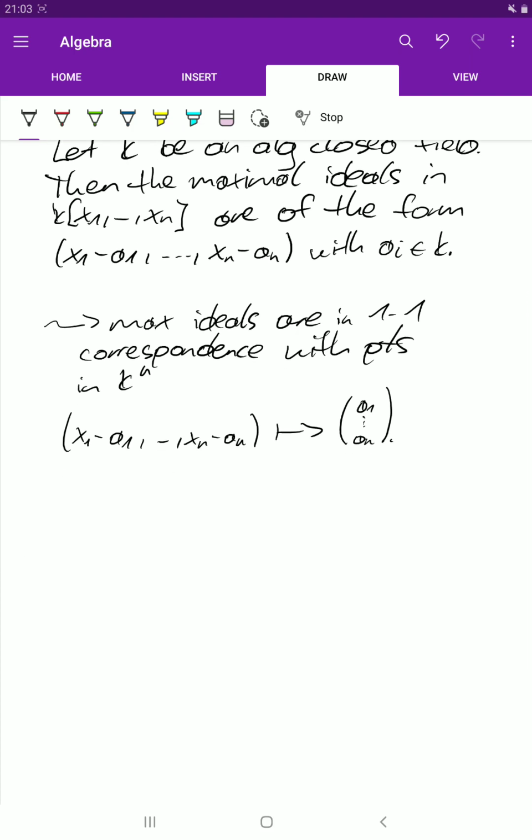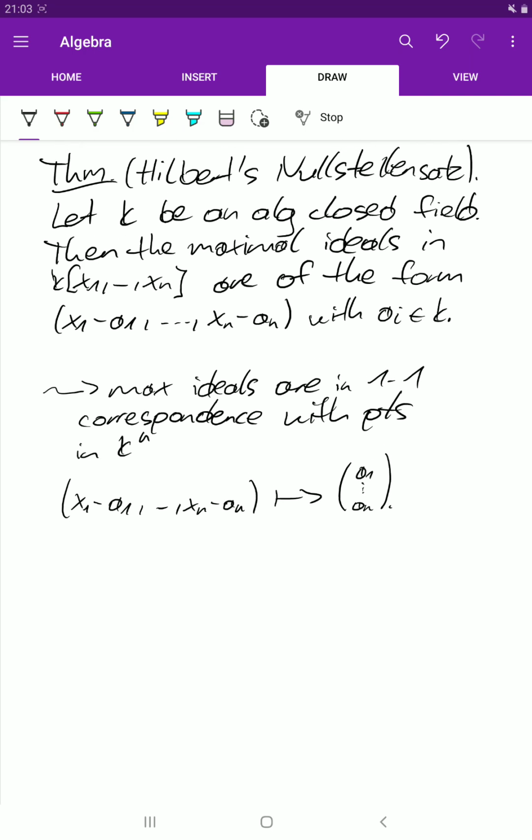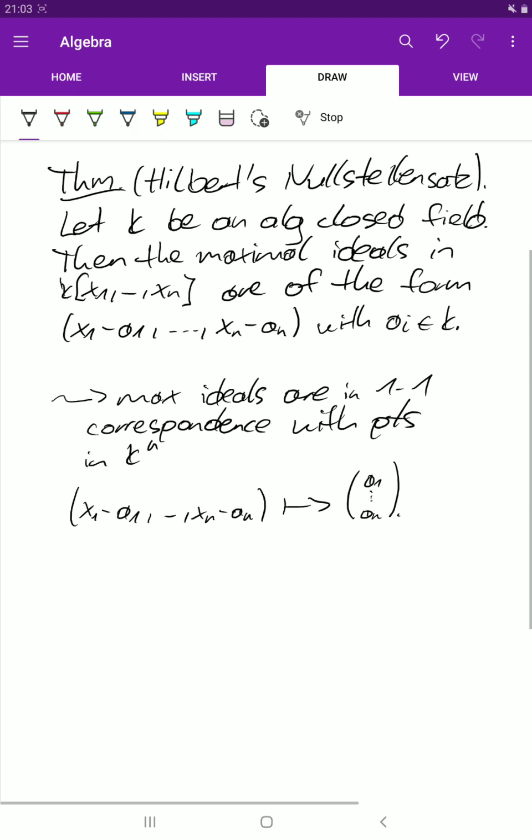Now let's look a little closer. So we have not only points but also functions. So the functions are polynomials. Let's make an explicit example.